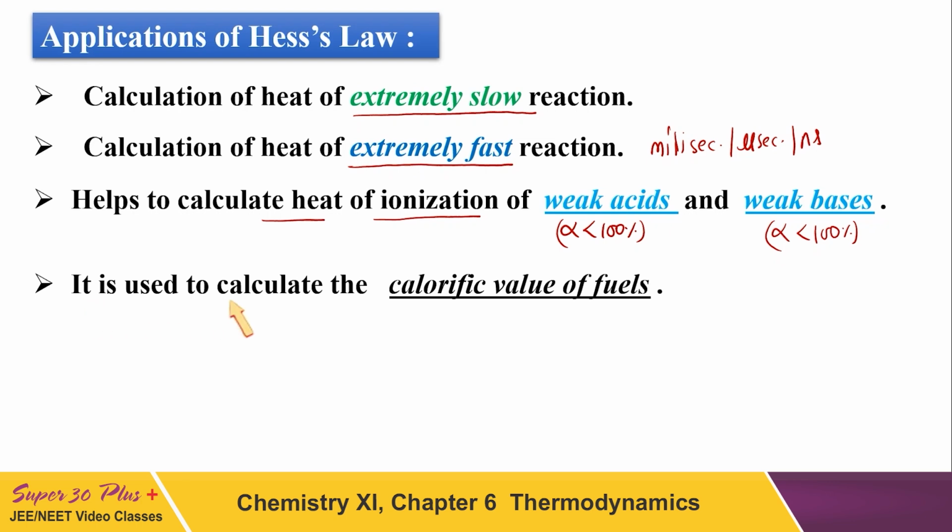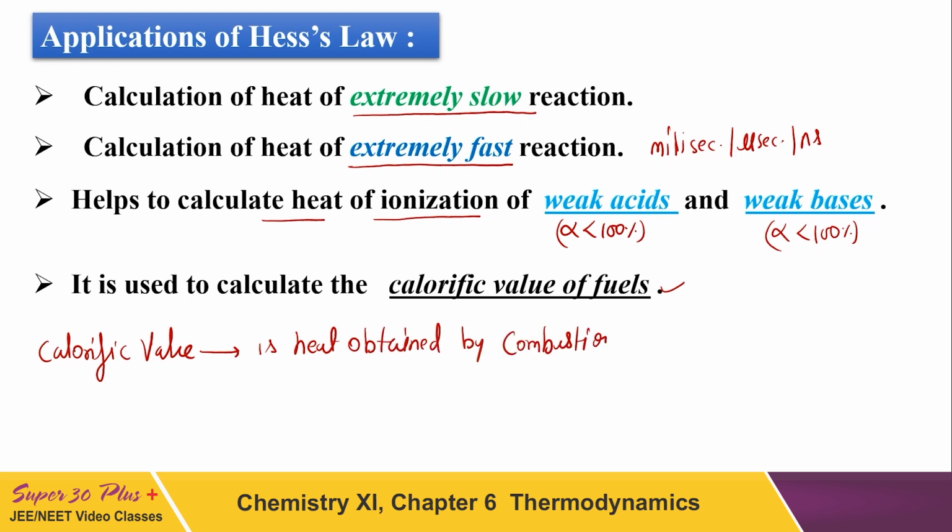It is used to calculate the calorific value of the fuel. You must be thinking, sir, what is calorific value? Calorific value is the heat obtained by combustion of 1 gram of fuel. It is not about 1 mole of fuel.